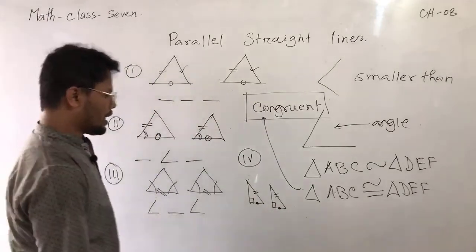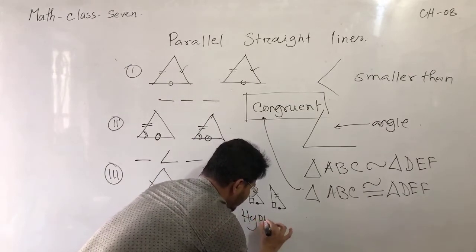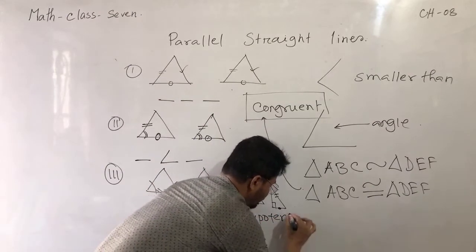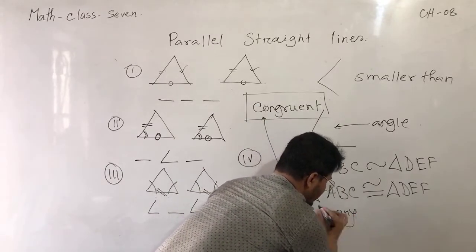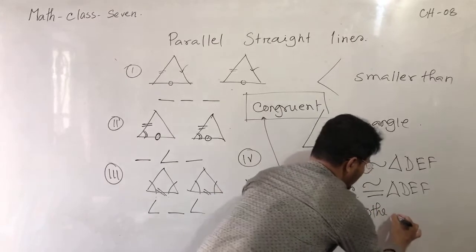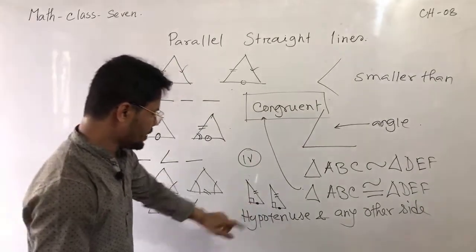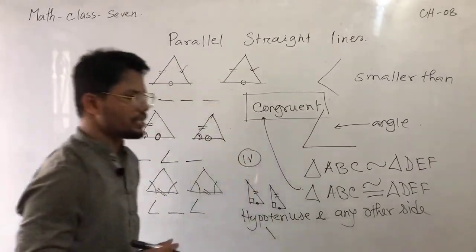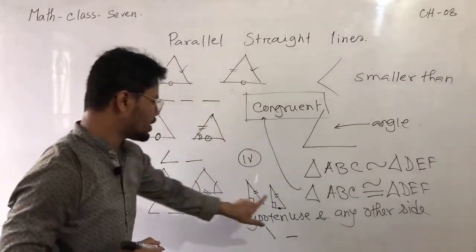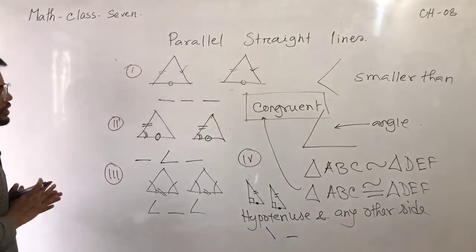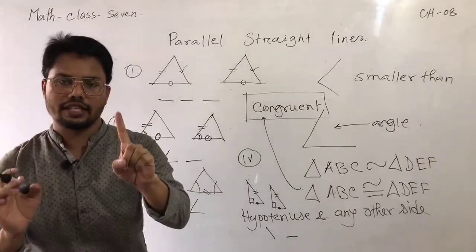When the hypotenuse and any other side, hypotenuse and any other side, are equal, using this we can write that the hypotenuse and any other side of the two triangles are equal and they are congruent. Basically these are the four characteristics for two triangles to be congruent.